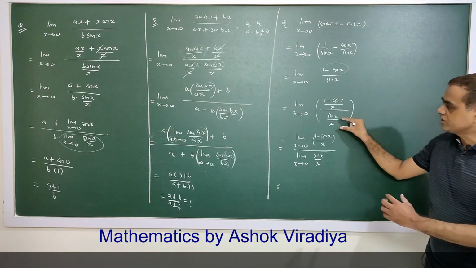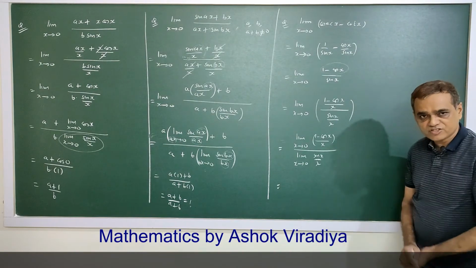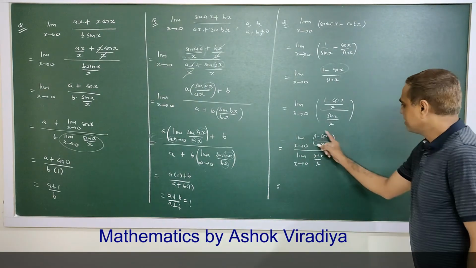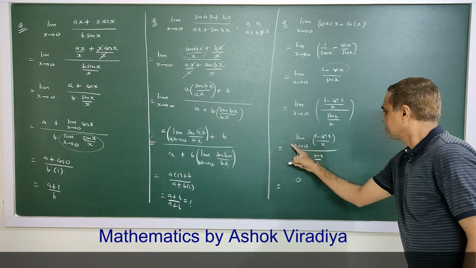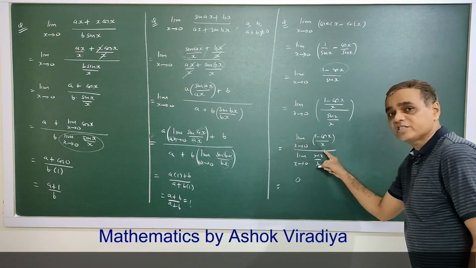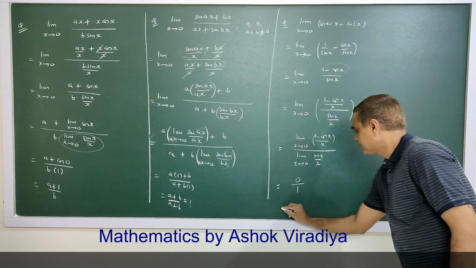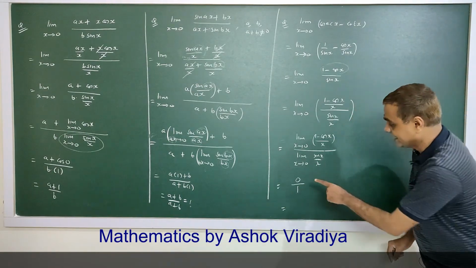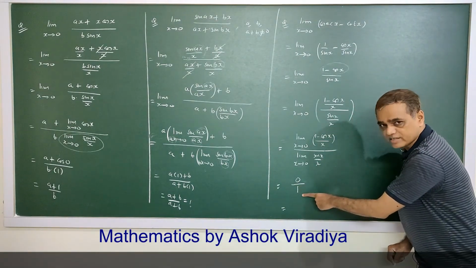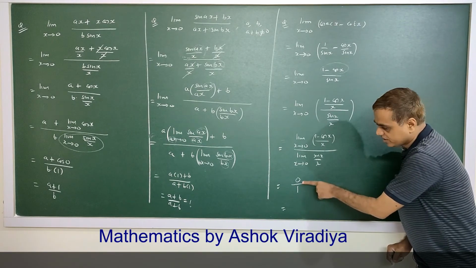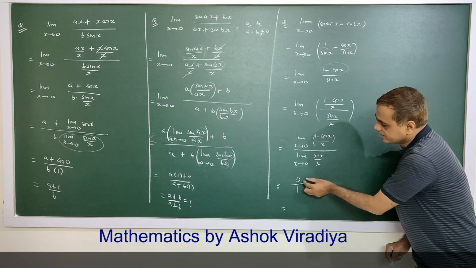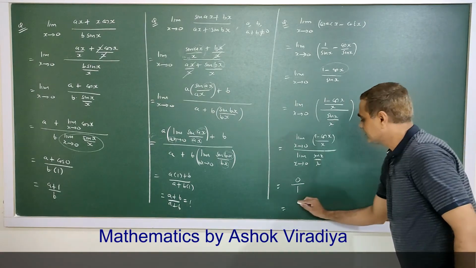Limit of f upon g is limit of f(x) upon limit of g(x). Now we know that limit of this function is 0 and limit of this function is 1. See, 0 is allowed in the numerator, not in the denominator. So we have written 0 here. So this is 0.